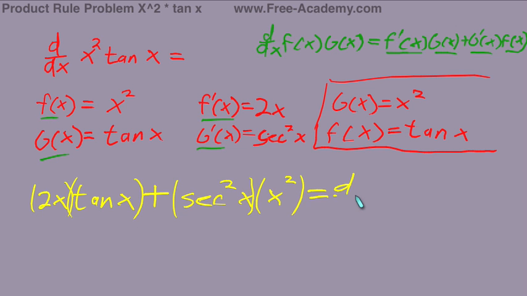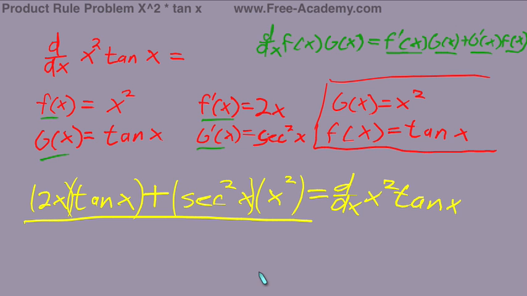And that is our derivative of x squared tangent of x. Alrighty then. That's that. Now I'll go through and I'll do the derivatives the other way. You're going to see that it's the exact same answer.